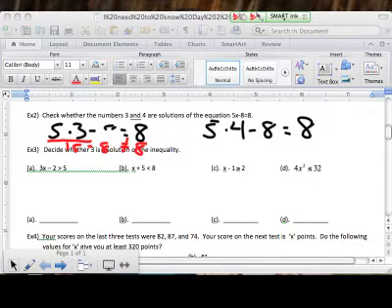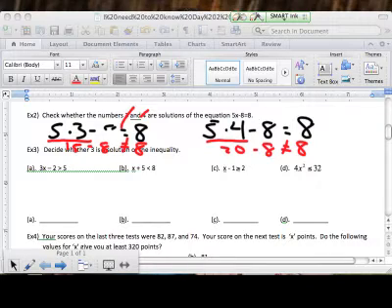So 3 is not a solution. 5 times 4 is 20, minus 8 is not 8 either. 20 minus 8 is 12, so neither one is a solution to the equation.